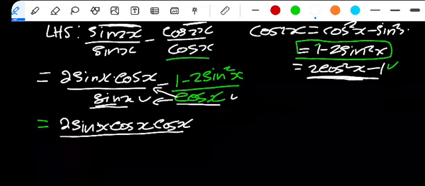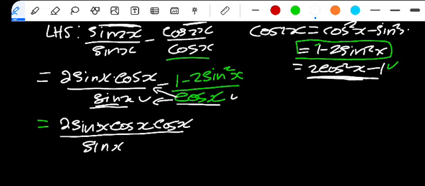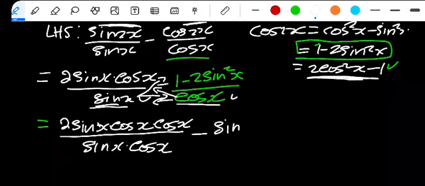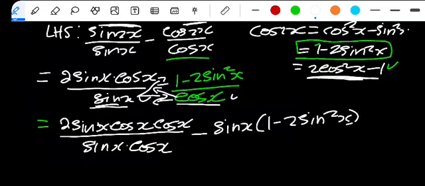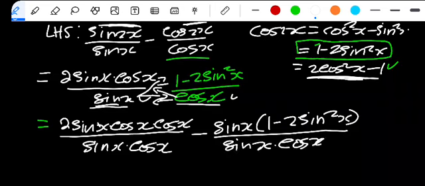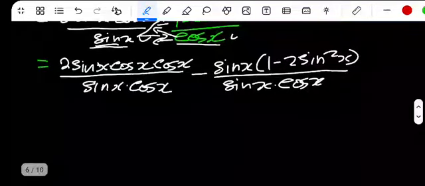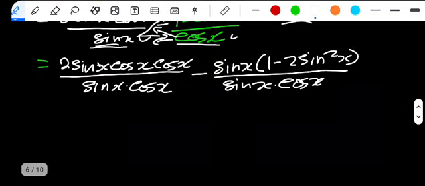We have sine here already, then obviously multiply by cos again. Then we have minus this side, cross multiply by sine, and also on the bottom multiply by sine. So this is sine x multiplied into 1 minus 2 sine squared x, divided by sine multiplied by the cos that we have there.